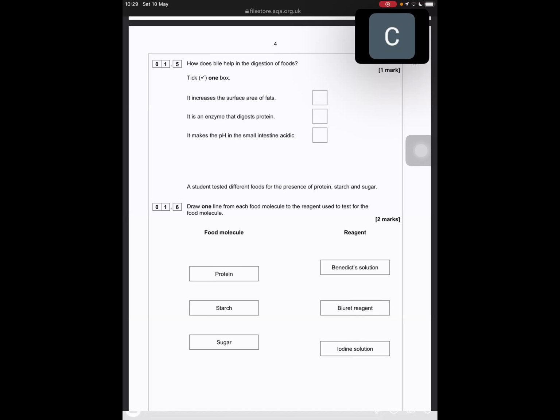Just confirm that the last one is biuret for protein. Biuret is for what? Protein. Okay, that means we're good.